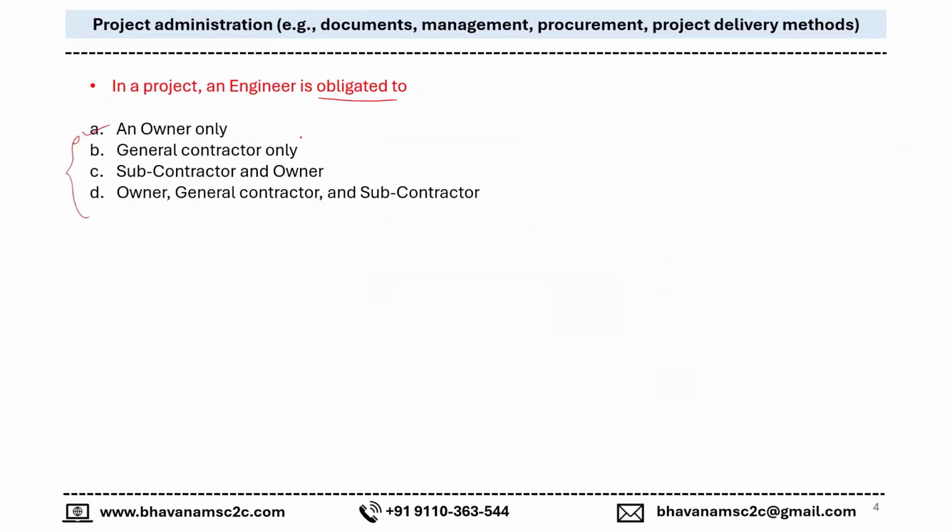Yes, he is answerable only to the owner. Though he will have close communication with all the other parties, the general contractor or subcontractor or whomsoever, he is just answerable to the owner. So he is obligated to the owner. He is not answerable to any other person at the site.